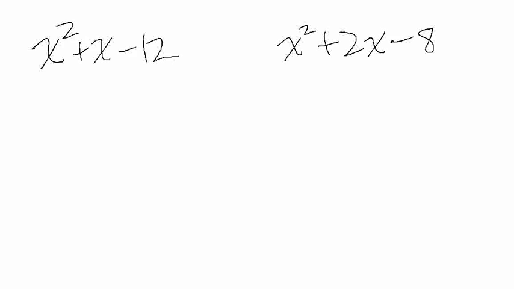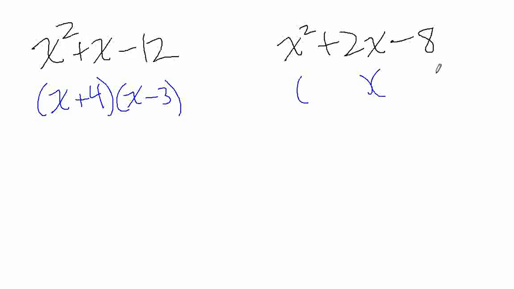So as I said, we first have to factor. So what would the factorization of the first piece be? I'm going to go with x plus 4, that binomial times the binomial x minus 3. And for the second quadratic expression, I'm going to go with x plus 4 and x minus 2.